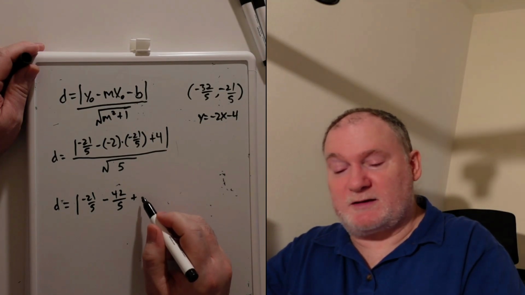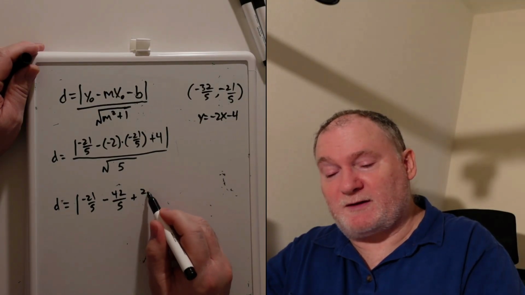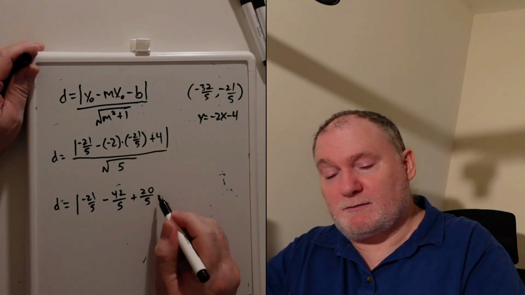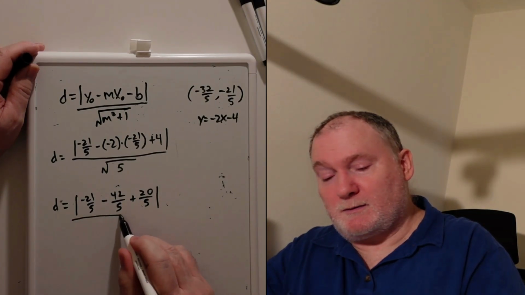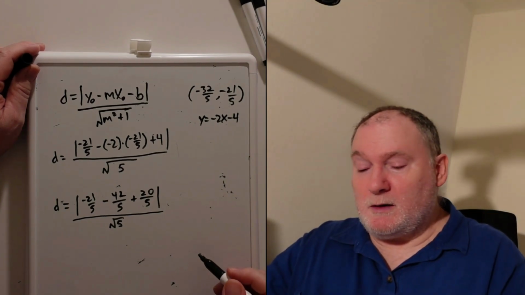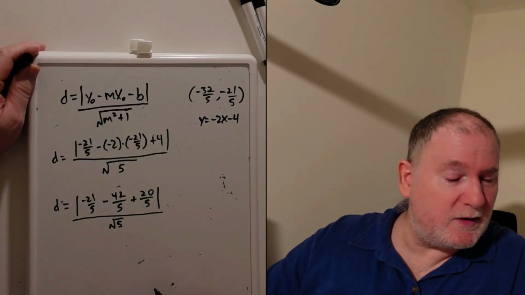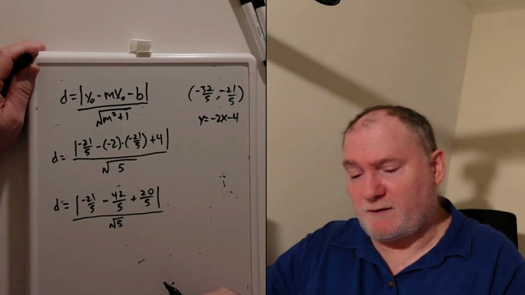I'm going to convert that to fifths. So that's going to be 20/5. What am I supposed to get? 13 over root 5.